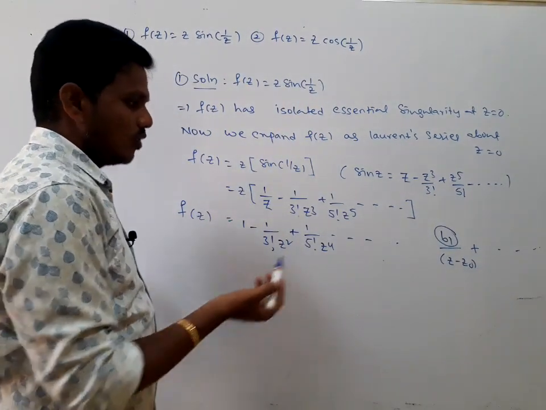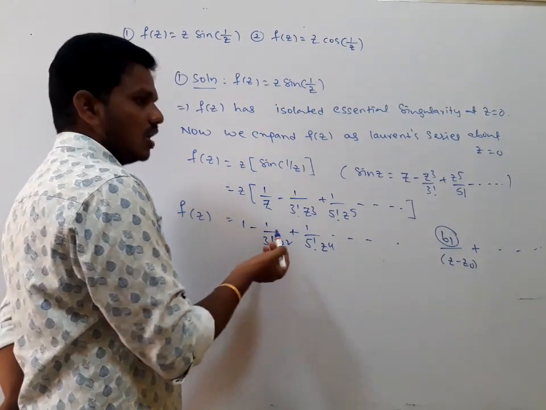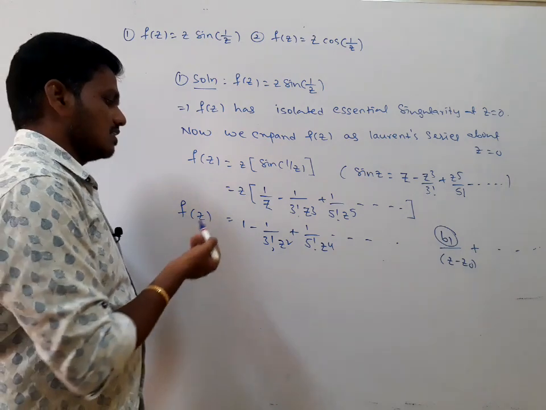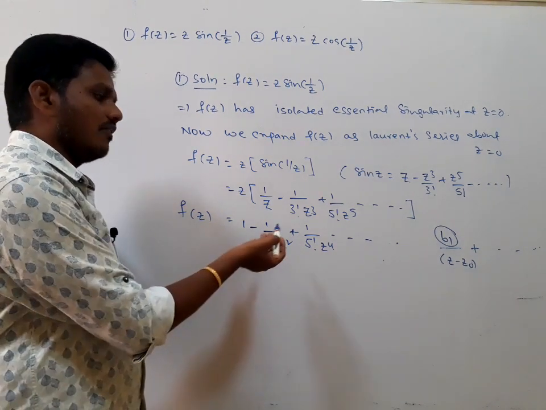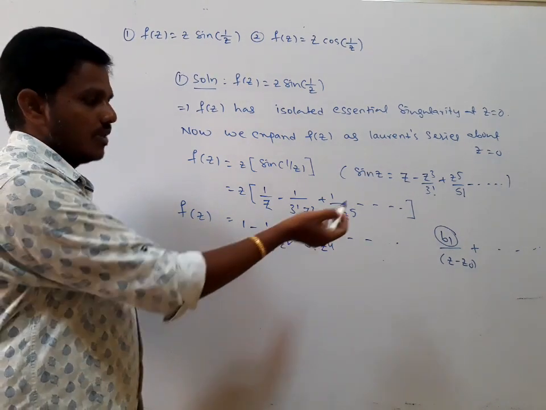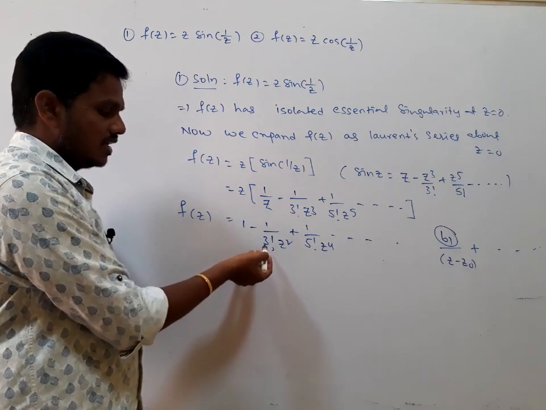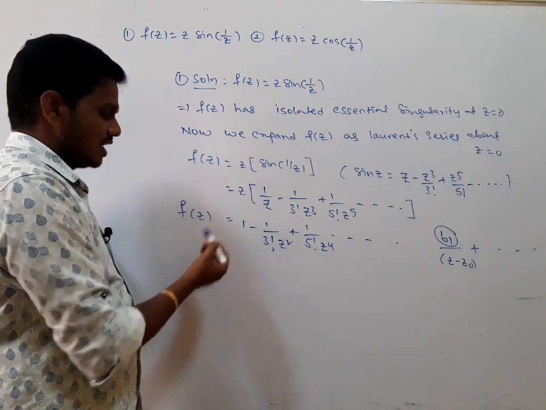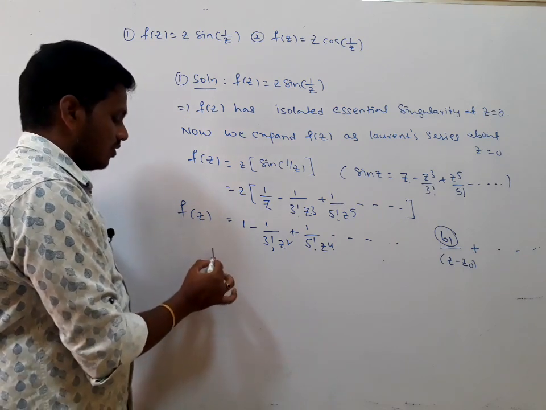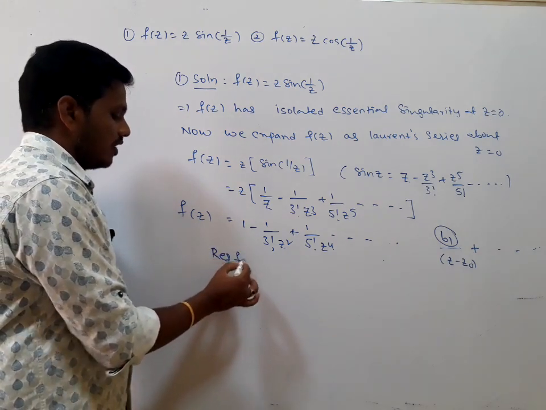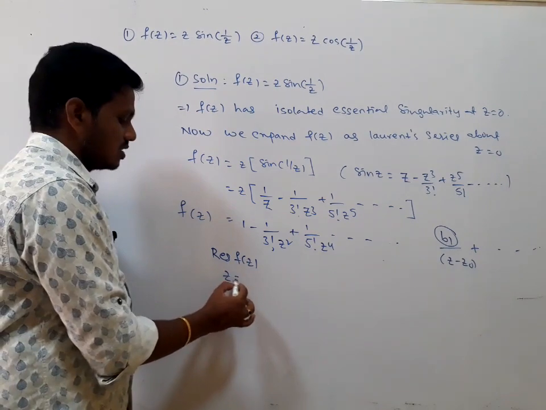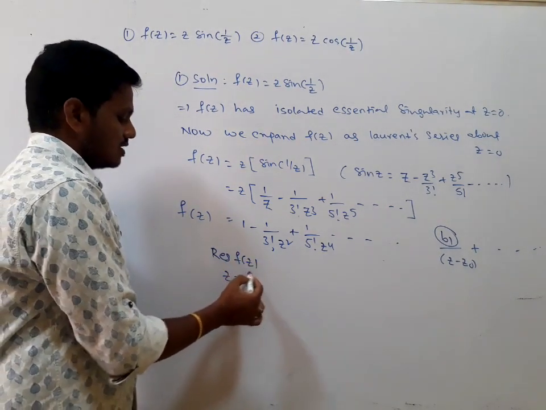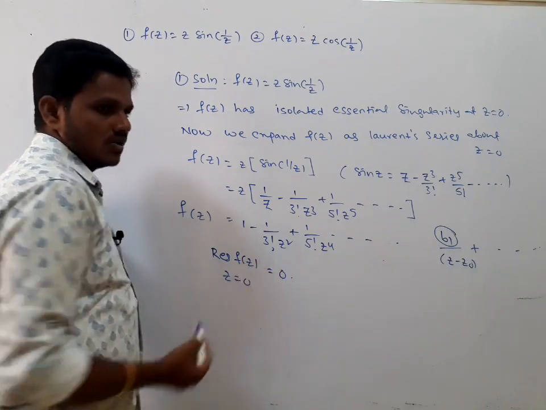Here it is about z equals 0, so only negative powers of z exist. What is the coefficient of 1 by z in this expansion? There is none. Therefore the residue of f(z) at z equals 0 is 0, since no term 1 by z exists here.